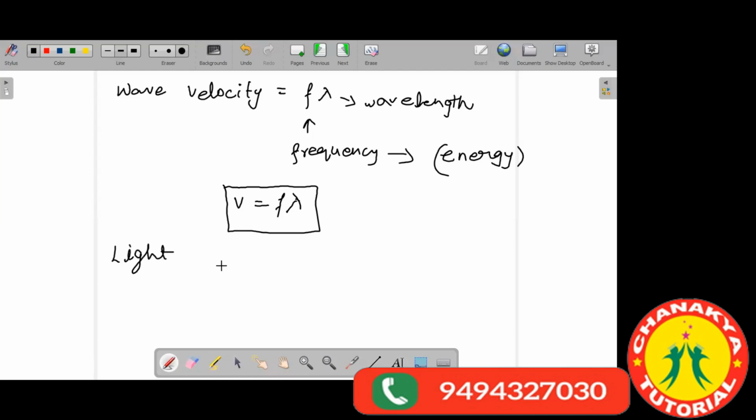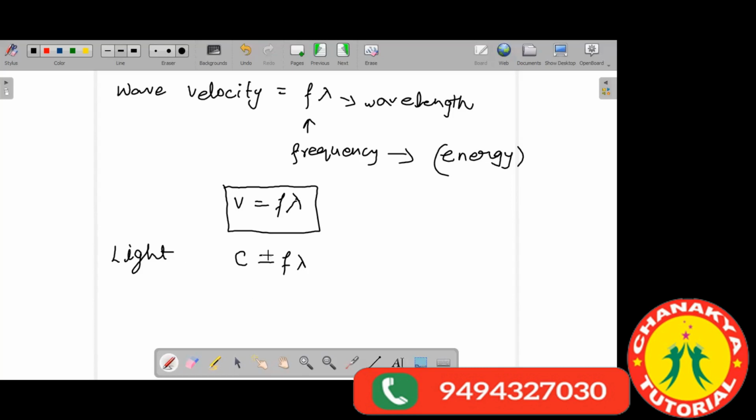So for light, we know that the speed of light in air is denoted by the symbol c, which is a constant. So the speed of light in air is given by f lambda. Since the speed of light is a constant, the product of frequency and wavelength will be a constant.